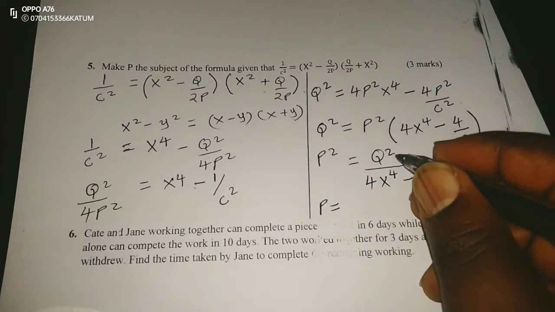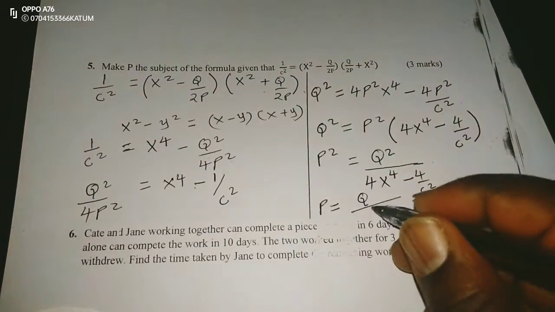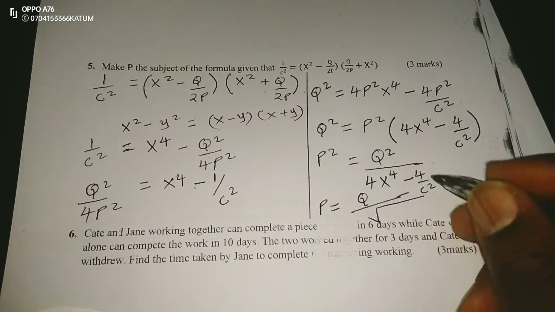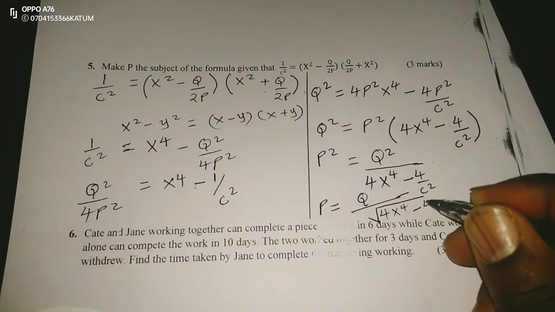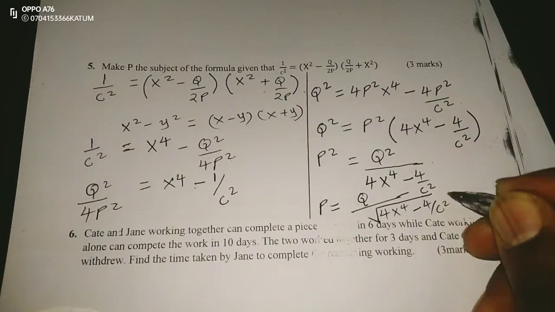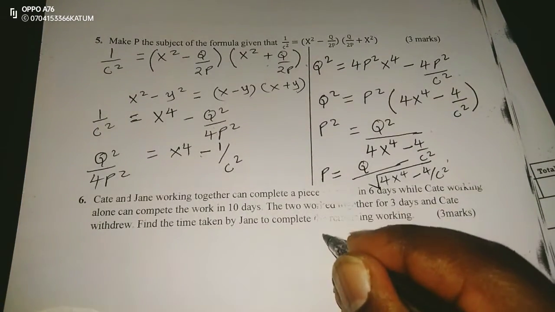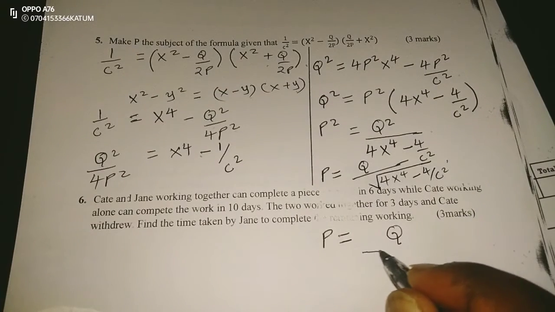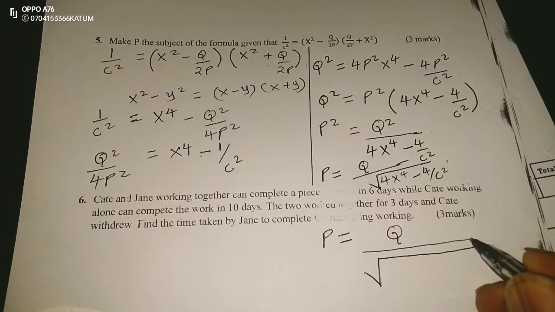Therefore, we're going to have the square root of the numerator, it will become q, then divide by the square root of the whole of this part, 4x power 4 minus 4 out of c squared. And now at that point we can say that p is equivalent to q divided by the square root of.